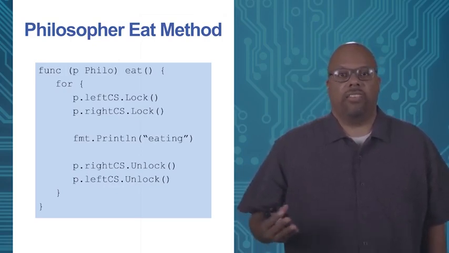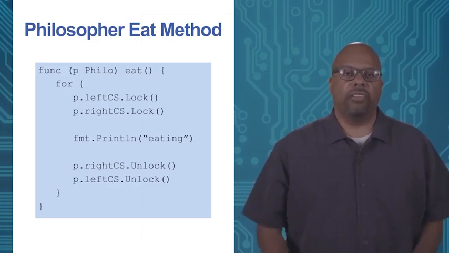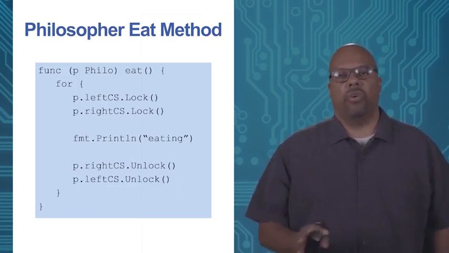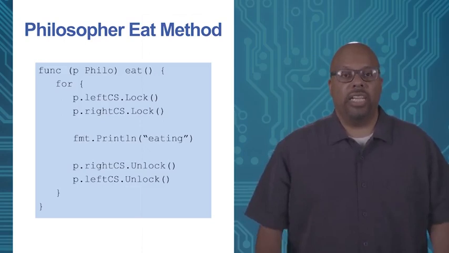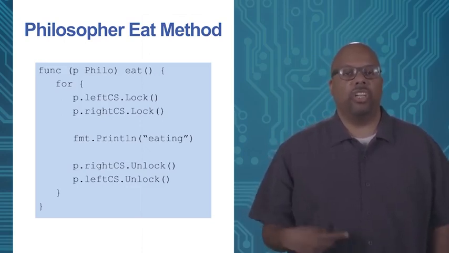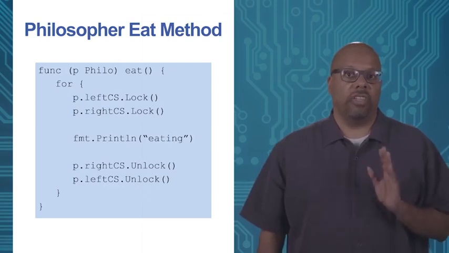Then it eats. With fmt, I just print eating to represent the act of eating. When it's done, it puts down the right chopstick, then puts down the left chopstick. By the way, the order of putting down chopsticks doesn't really matter for us. So that's what eating is, and it's an infinite loop. It's just going to eat over and over and over, and each one of these 5 philosophers is executing the same code.